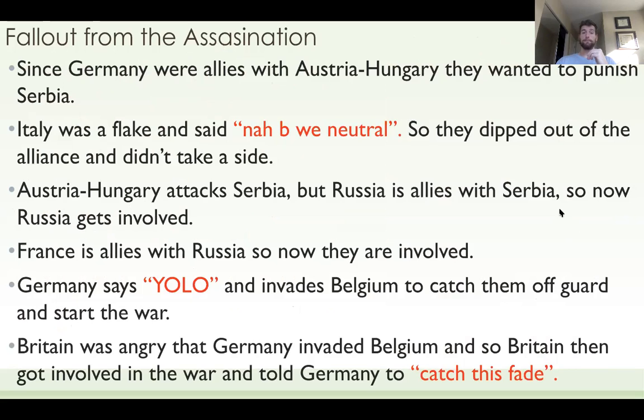Austria-Hungary upset. Austria-Hungary calls up Germany, and they're like, hey, are you down to go after these groups of people, particularly in this case the Serbians, who Austria-Hungary blamed? And Germany is like, yeah, I think we're down, right? And so all of a sudden they went after and declared war on Serbia.